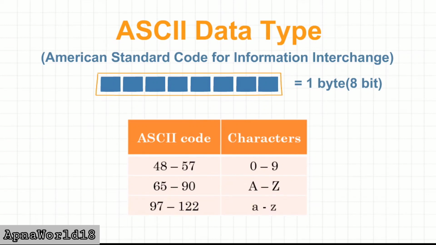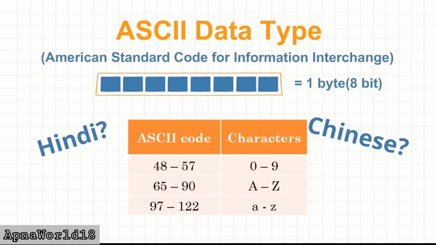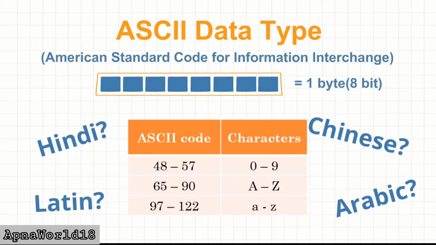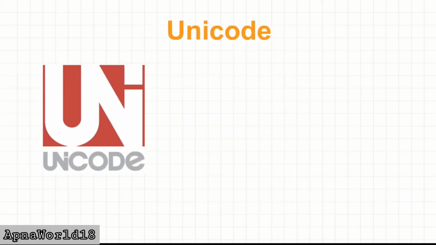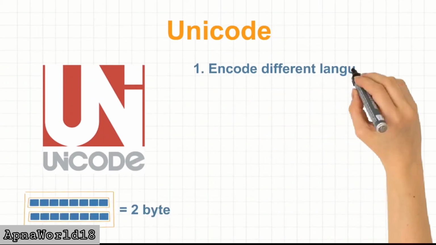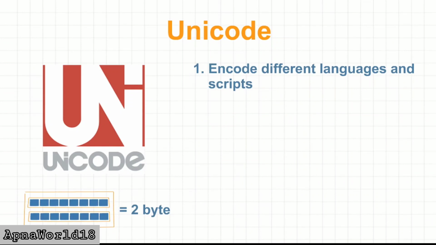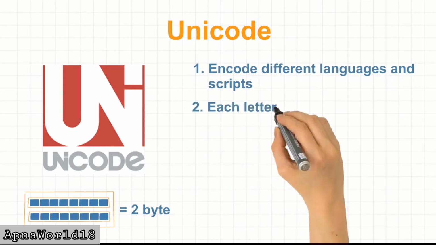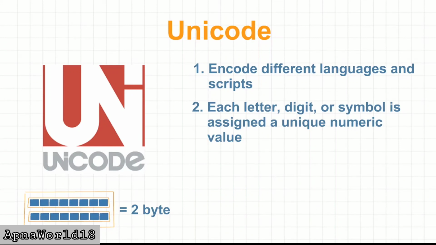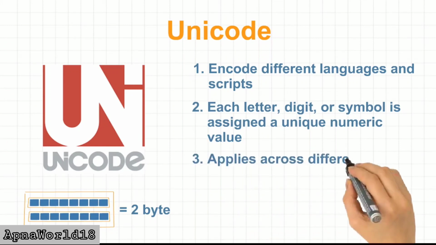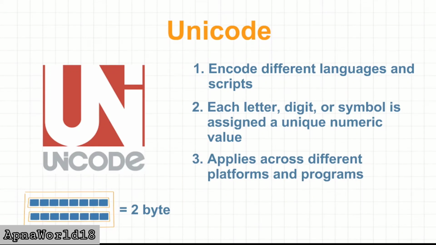However, it had its limitations as 1 byte could encode only 255 characters, so all other languages were not represented. Then Unicode was introduced as an international encoding standard which uses 2 bytes and could encode different languages and scripts, by which each letter, digit or symbol is assigned a unique numeric value that applies across different platforms and programs.